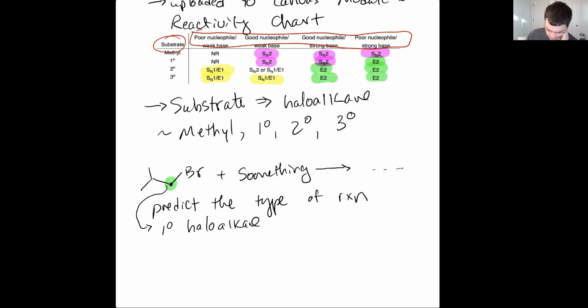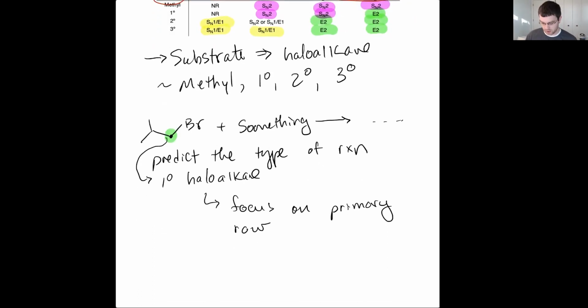And so we would focus on this row of the chart. I'm going to uncircle that. So that's the primary row. Okay, so that's how you use the substrate row, just categorizing things as methyl, primary, secondary, tertiary. This is something we should be okay at, but what about the additive?